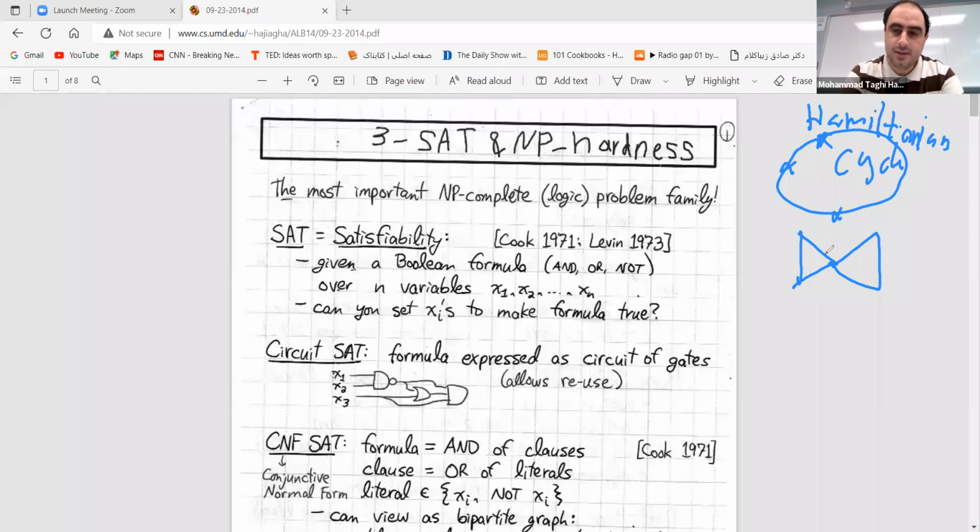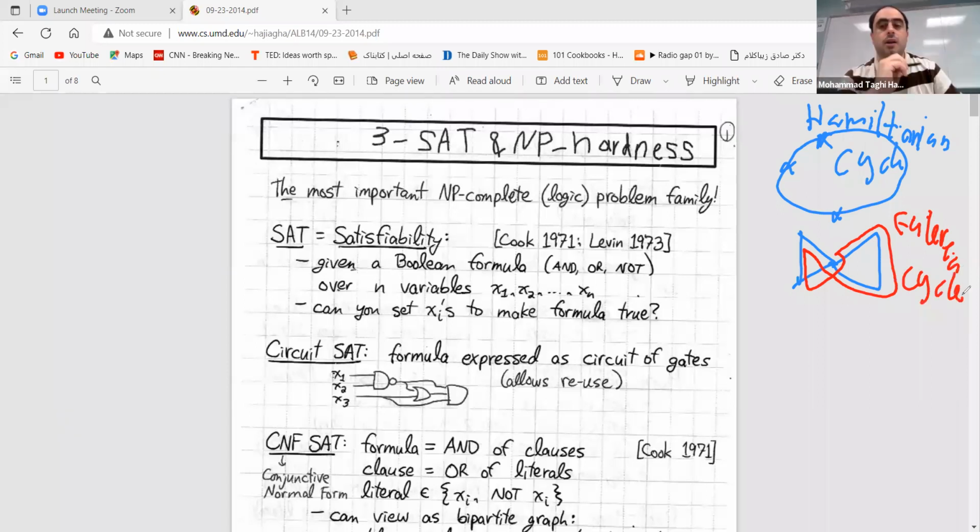This is another graph, and this is a Eulerian cycle. So we have Hamiltonian cycle and we have Eulerian cycle. Good. And this problem is NP-hard. This problem is polynomially solvable.